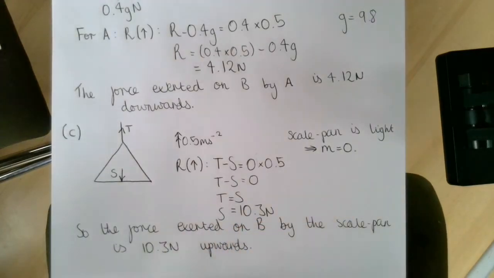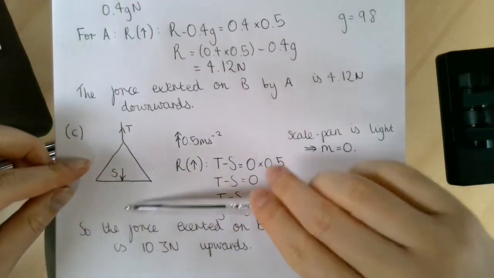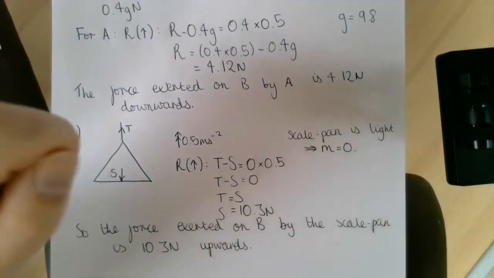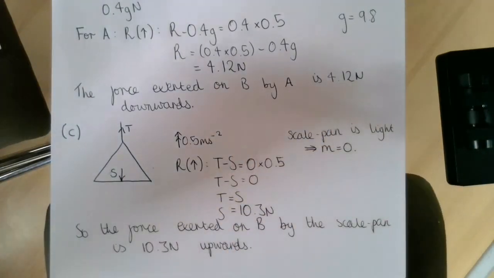So again, we found the force that the scale pan exerts on B, and then we've said that the force exerted on B by the scale pan must be equal and opposite. So the force that is exerted on the scale pan by B is that downwards force. So the opposite, the force exerted on B by the scale pan, must have equal magnitude but in that opposite direction.